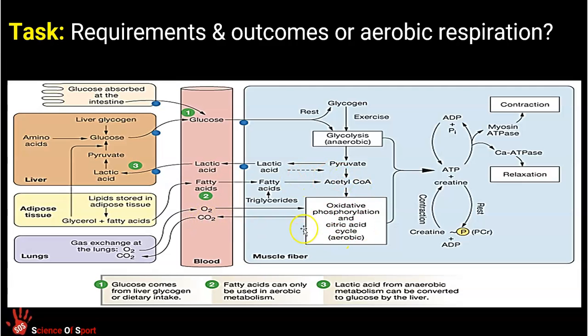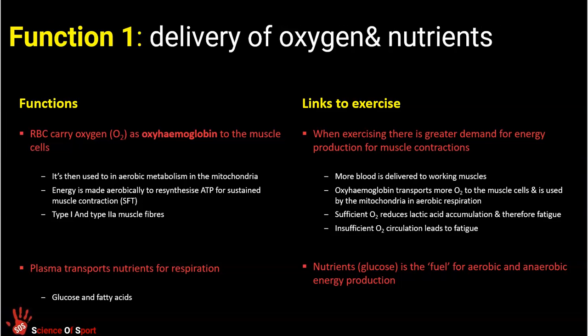So the CO2 is made here and goes into the blood and goes to the lungs to be got rid of. So there's nothing new there. We know that already. And it just reiterates how central the blood vessels and the blood itself is in transporting the things we need to make energy and getting rid of the things we produce when we make energy. So let's look at the 5 main functions of the CV system.